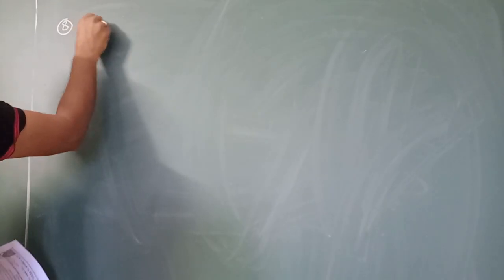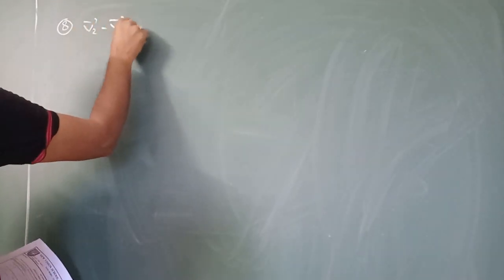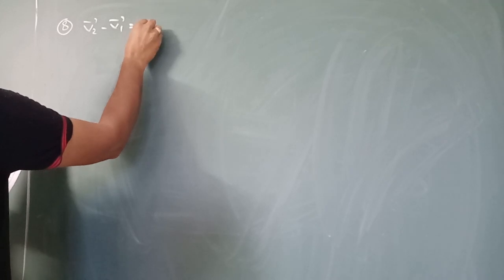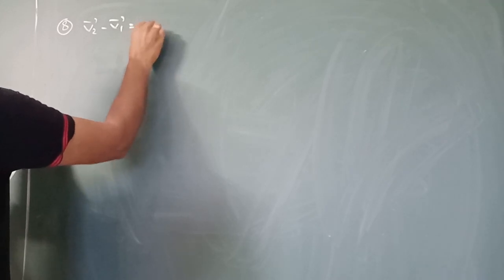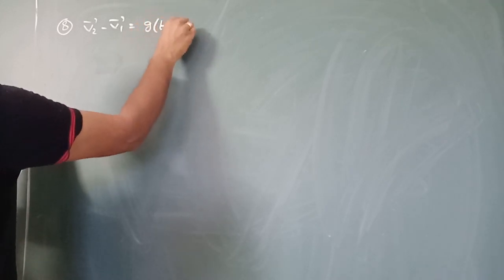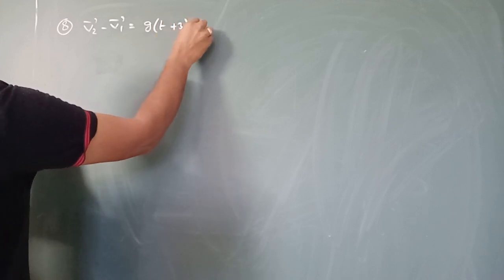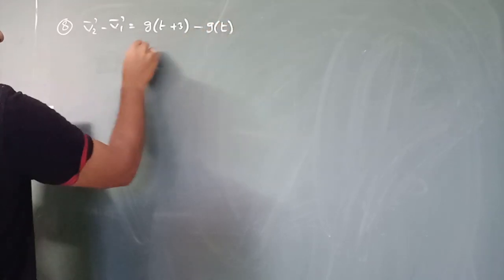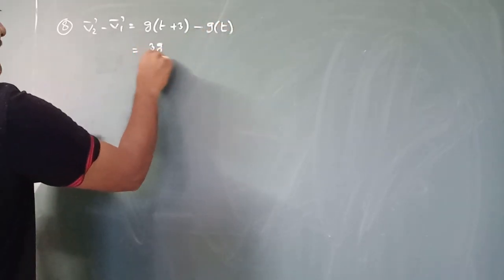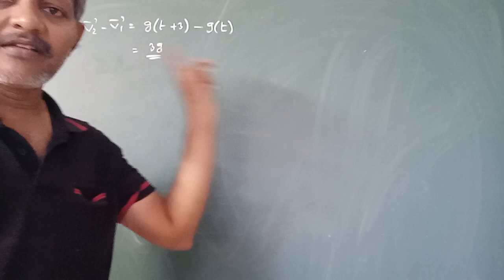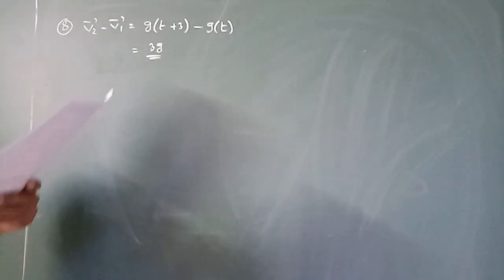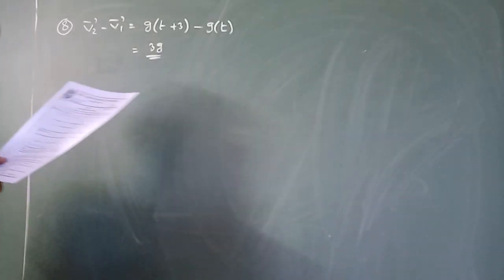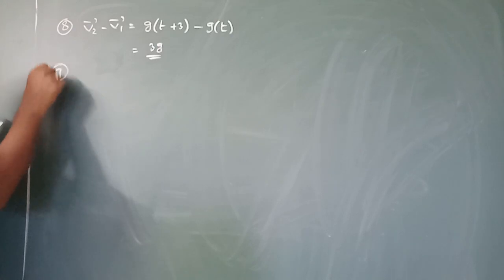Therefore, V2 bar minus V1 bar is equal to g into (t plus 3) minus g into t. So this is equal to 3g. The time interval between them is 3 seconds. 3g is the answer.